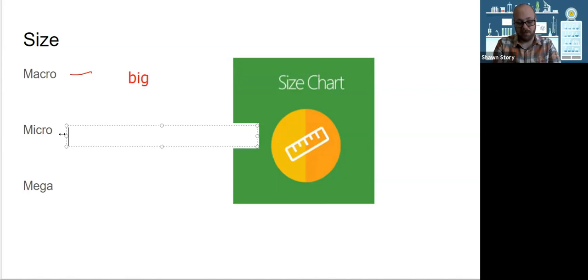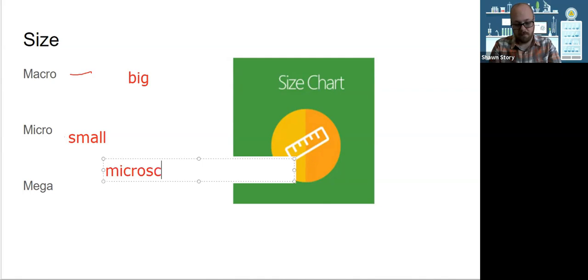So micro is small. So think about the word microscopic. What does scope mean? Like colonoscopy, what does scope mean? Microscopic. What does that mean?